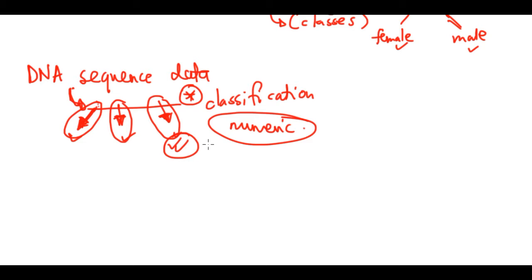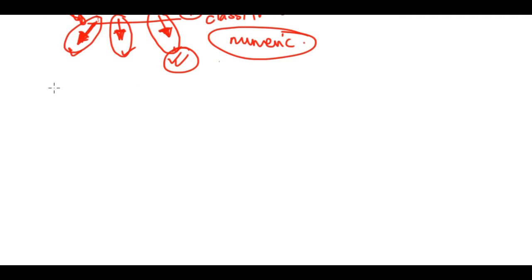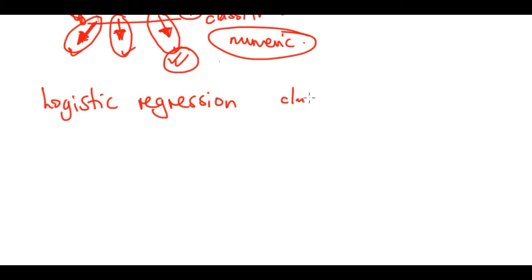And that method will be something called logistic regression. Don't be confused. When you see regression, you think it falls under the regression chapter. No. Logistic regression is actually a classifying algorithm, and it classifies using these probabilities.